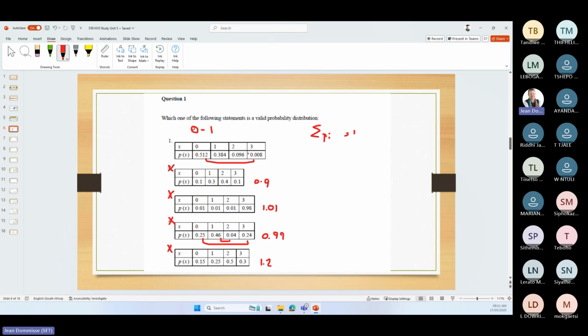So if you add all of those together, it's equal to 1. So number 1 is the correct one. This is just to show you how you can be asked to verify that a formula or a distribution is correct. It again shows you that the sum of the probabilities needs to be equal to 1.